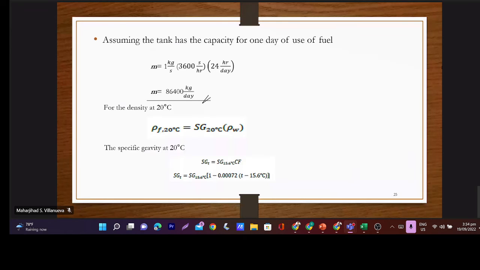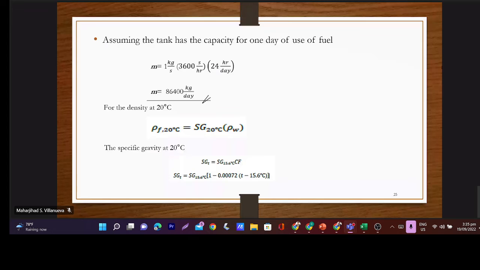Next slide po. Assuming the tank has the capacity of one day use of fuel.